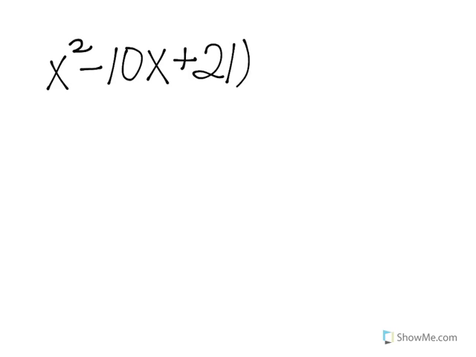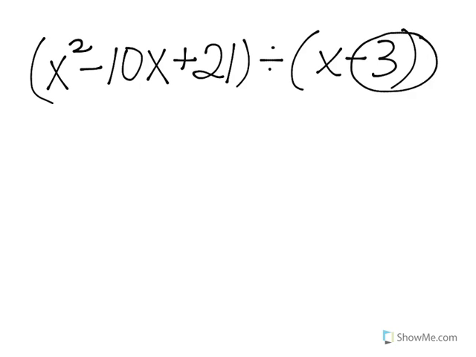And I'm going to divide that by x minus 3. Okay, so the way we do this is we take this number, it's the opposite. So if you have a minus 3, you're going to put a positive 3 in this box. Okay? Then we're going to write down all our coefficients from our polynomial.